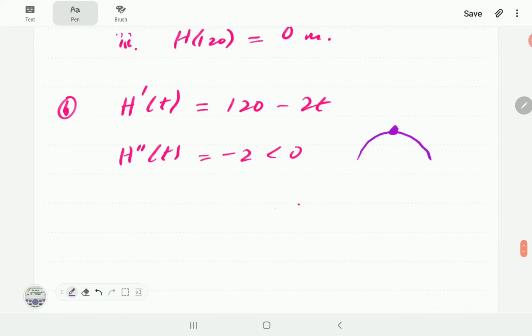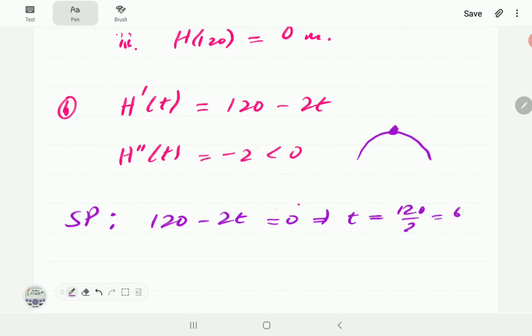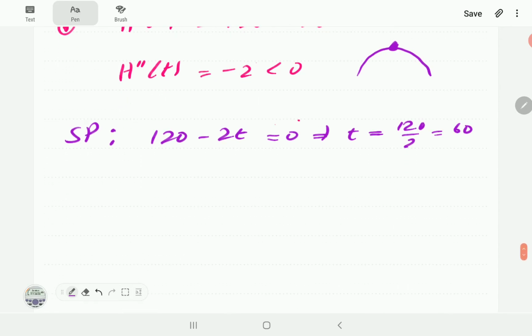Then for the stationary points, we take the first order derivative and equate it to 0. It's telling us that t is going to be 120 over 2. This has got to be a maximum because the graph is always concave down. So the maximum height is achieved after 60 seconds.